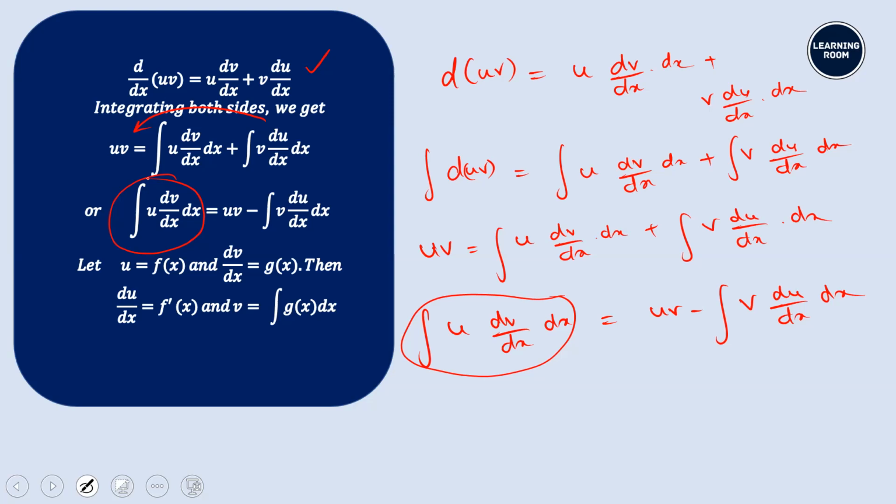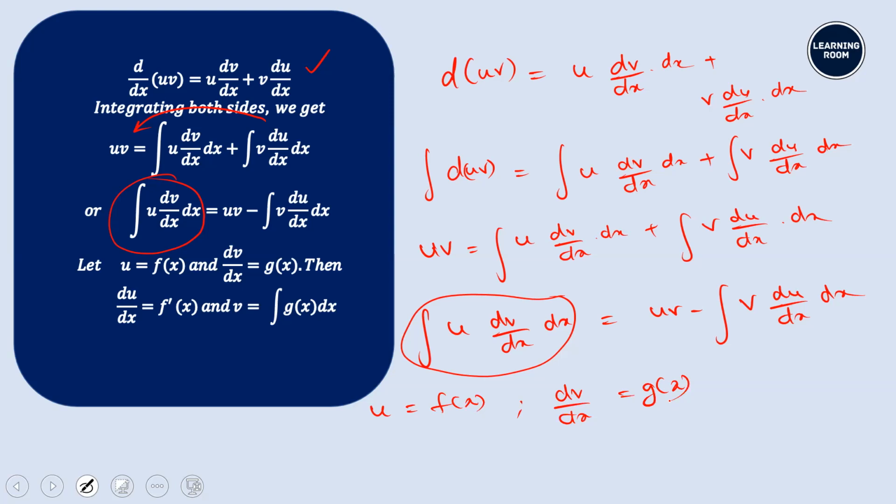I'm not directly taking the function. One is a direct function u, and the second is the derivative of some other function. Are you able to understand? So if I take u equal to f of x and dv by dx as g of x, is it clear? Is there any confusion? Are you guys clear?